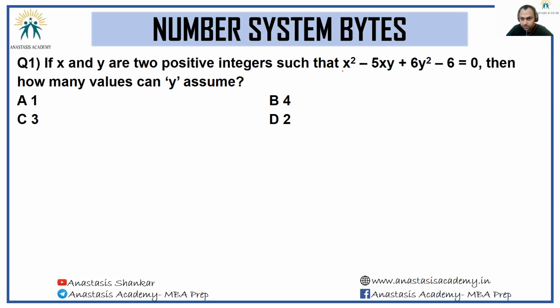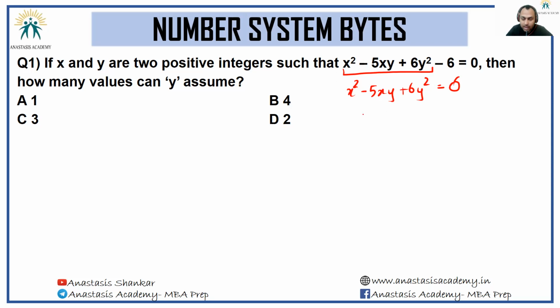Hopefully you can see these terms here together are all xy, and this is a constant term. So I'm taking it to the right. I will have x square minus 5xy plus 6y square is equal to 6.